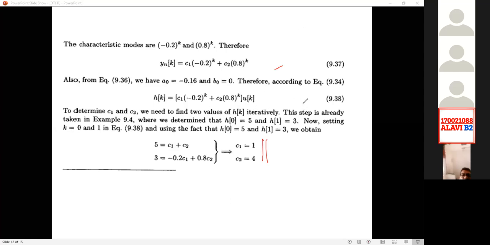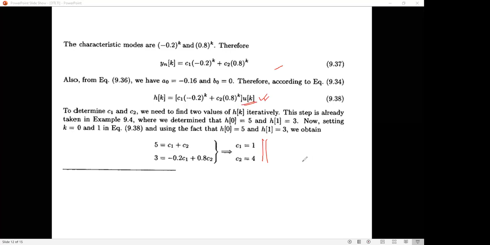Now our general solution will take this form. uk means this is for k equal to 0 onward. Then we have our two values given in earlier examples, H0 and H1. These two values can be used to obtain two equations from 9.38.